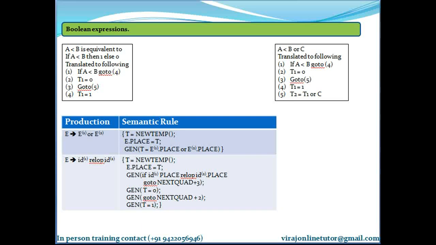So in this example that I have here, A < B, the relational operation, is equivalent to if A < B then 1 else 0. So this is translated into the following 3 address code.